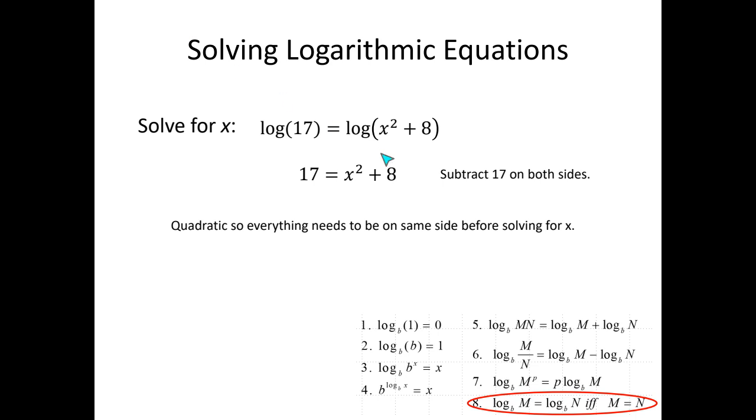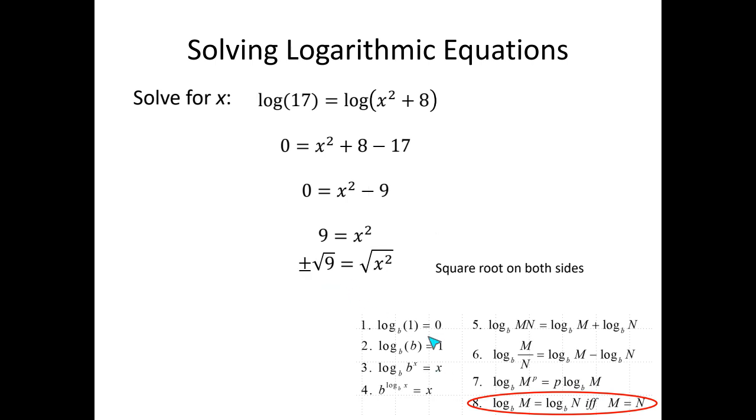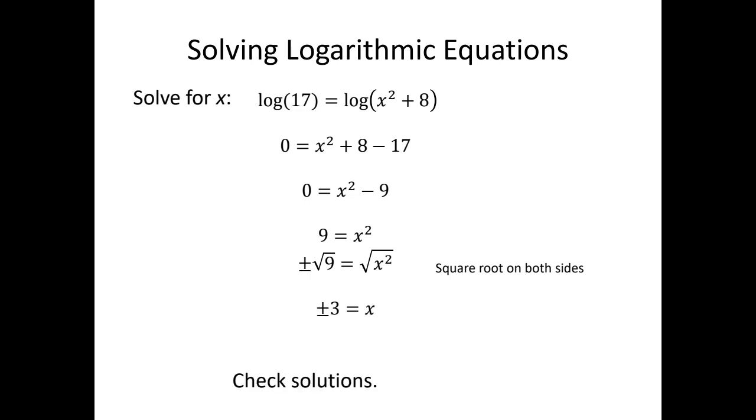So I'm going to subtract 8 on both sides, or subtract 17 on both sides, that's fine. So we get 8 minus 17 is equal to negative 9. I'm going to add 9 on both sides. So we get x squared is equal to 9. Take the square root, so we get plus or minus 3. So that becomes x is plus or minus 3.